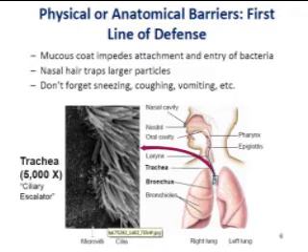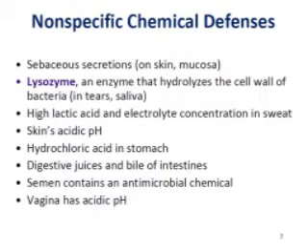So chemical defenses that are not specific: you have these sebaceous secretions on the skin, you have mucosa, so you have a film. In your saliva and your tears, for example, you have lysozyme. It can hydrolyze the cell wall of bacteria. You have an acidic environment, and certain other components in sweat that are germicidal.